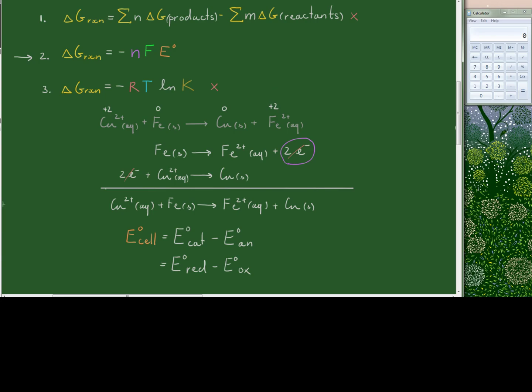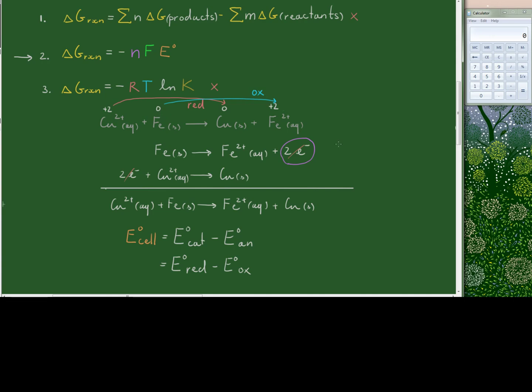So from this I can see that the oxidation number of copper was reduced. So copper 2 plus is undergoing reduction, and iron is undergoing oxidation because its oxidation number has increased.